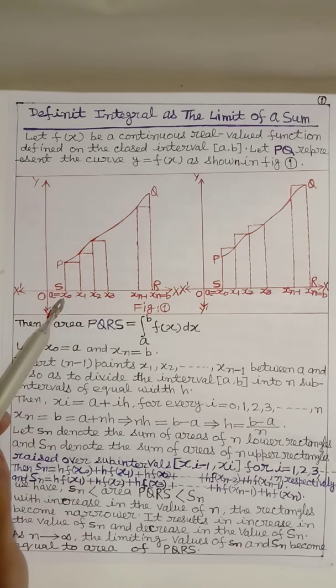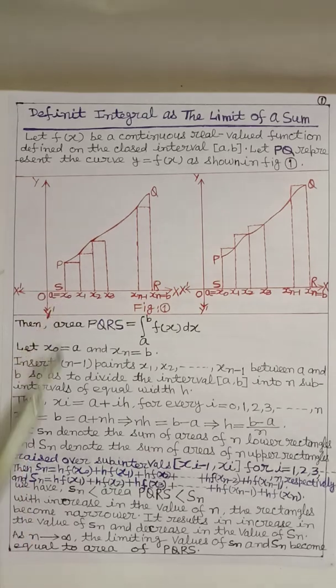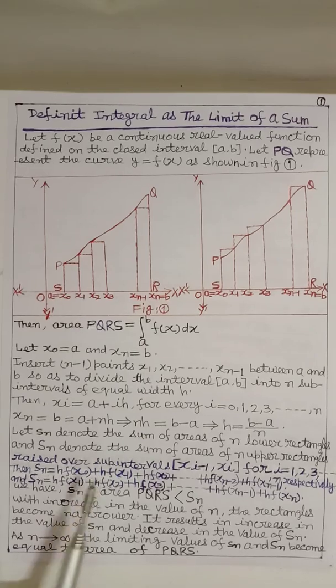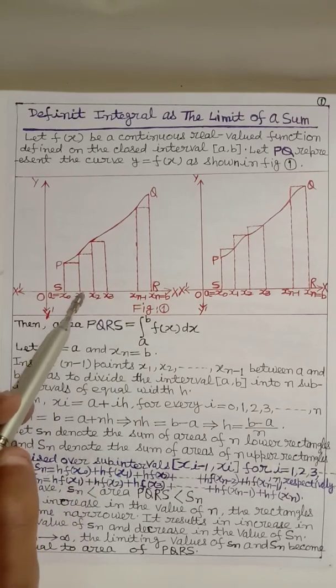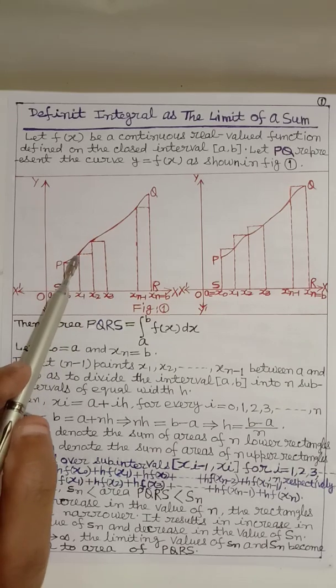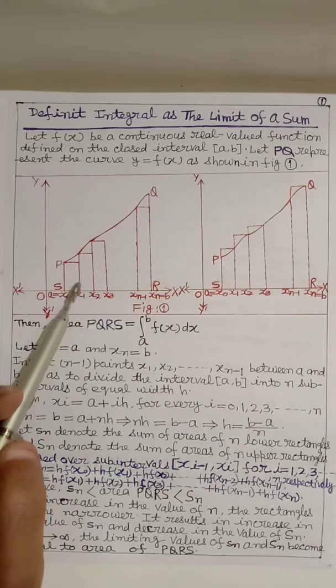Or if we take x0, then length into breadth is f(x0) into h. So we have written h into f(x0). Similarly at x1, the width is h and the length is f(x1), so the area is h into f(x1).